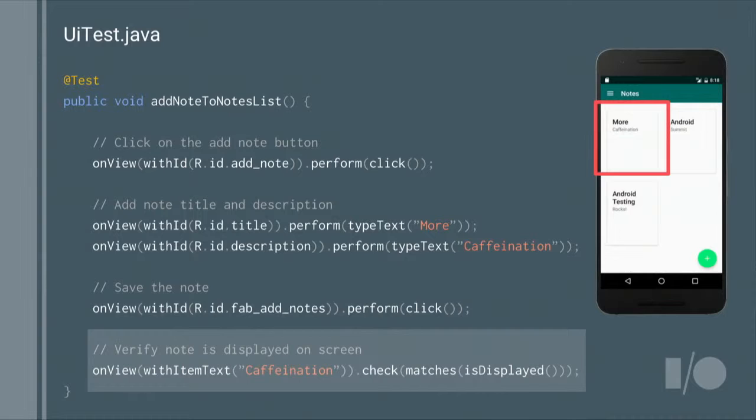And in the last line of code, you see things are a little bit different. I don't want to do any more actions. I want to verify the result of my test. So instead of performing an action, I'm actually doing a check. I'm trying to match if the text that I added with the note is actually displayed on the screen. So that's the basic Espresso test, right?